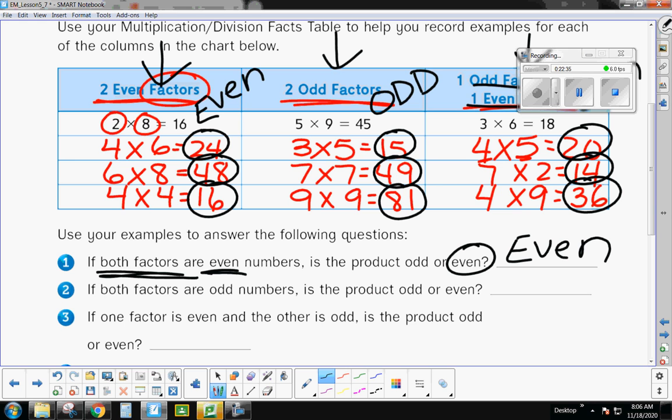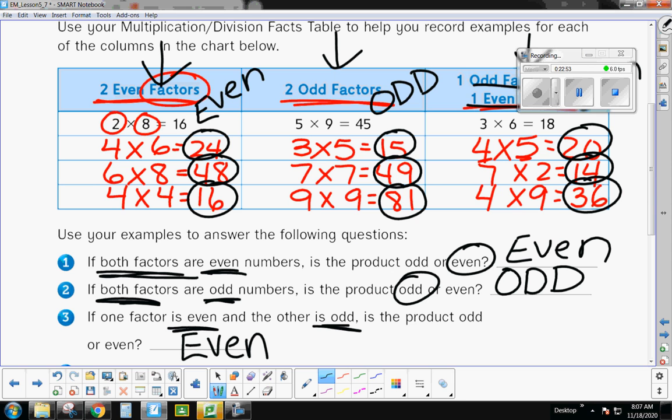When both factors are odd, the product is always going to be odd. And if one factor is even and the other factor is odd, the product is always going to be even. So boys and girls, the only time you're going to have an answer that is odd is if both factors are odd.